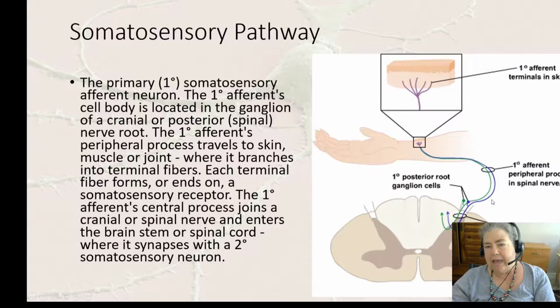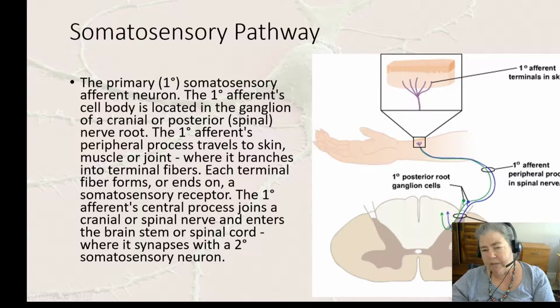The peripheral process ends in receptors in the skin, in muscle, in joints. Those signals travel as afferent signals in the axon of the primary somatosensory neuron, and then the central process enters the spinal cord, which is part of the central nervous system.